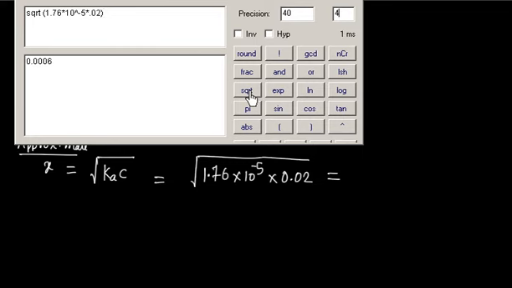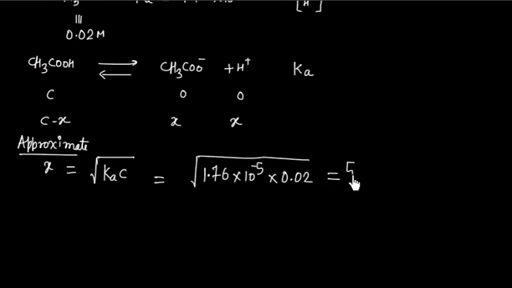Or if we take more figures, let us say 5 digits, this is 5.9 into 10 to the power minus 4. Are you getting? So this value is 5.9 into 10 to the power minus 4.